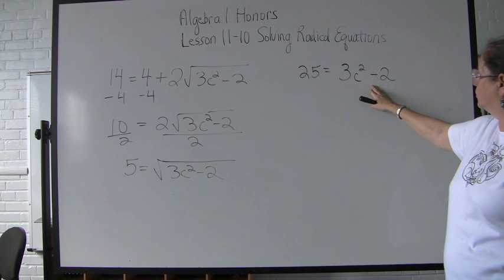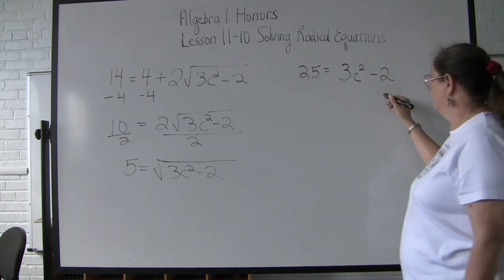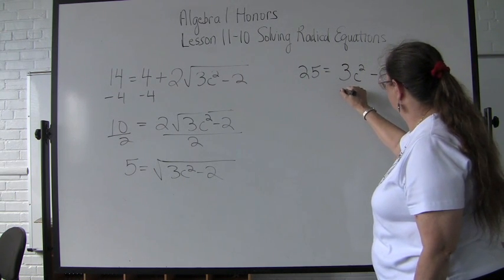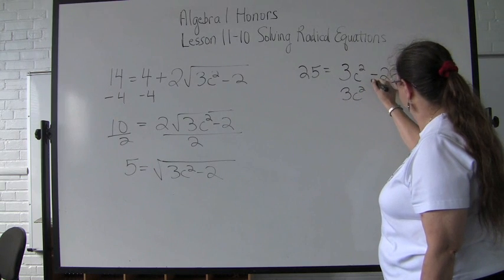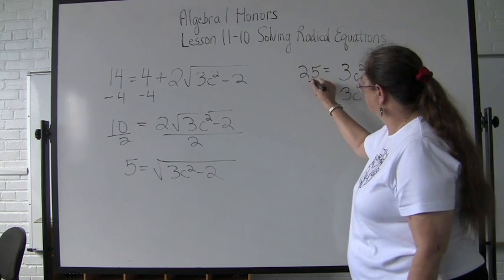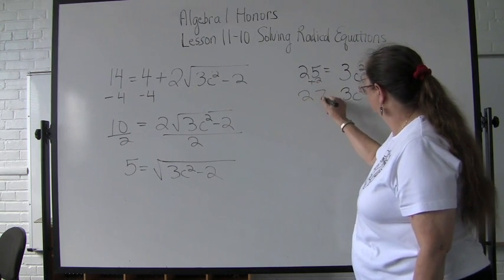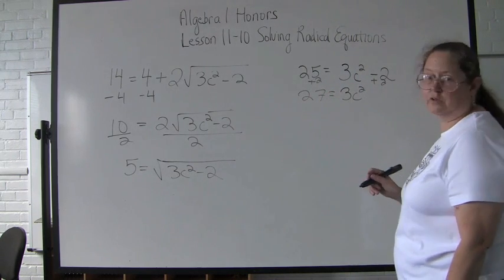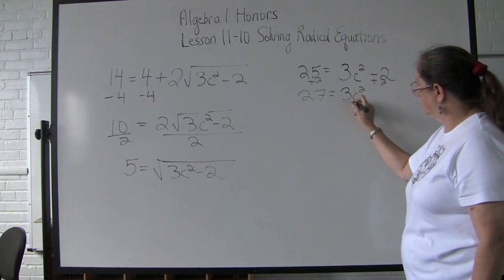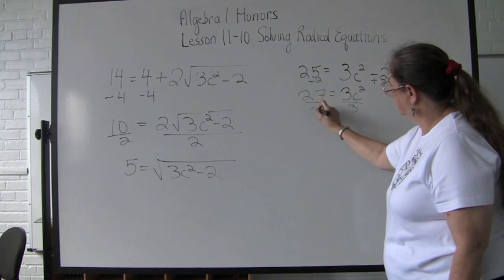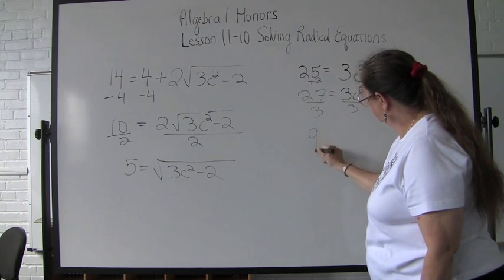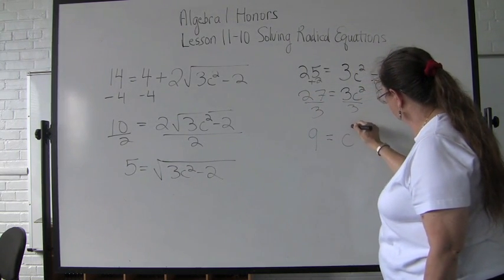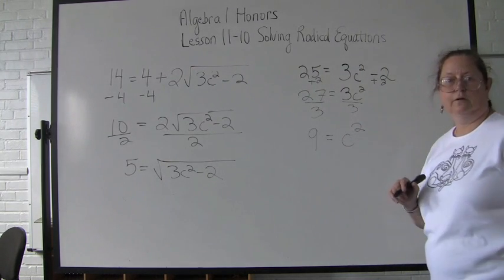Let's add the 2 to both sides to get rid of the 2 here. That leaves us 3c squared here. Add the 2 over here, we get 27. 27 equals 3c squared. Let's get rid of the 3. Divide both sides by 3, and you get 9 equals c squared.